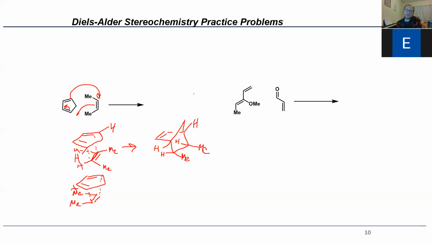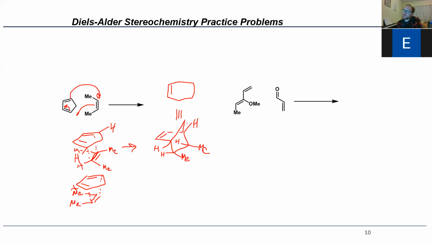And now that I've redrawn the transition state as the product with the stereochemical outcomes all shown, I can flatten this out to the 2D representation of the product. And so I can see that this bridge is on the same face as itself, and it's also on the same face as these methyl groups, right?